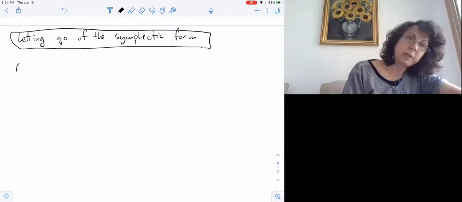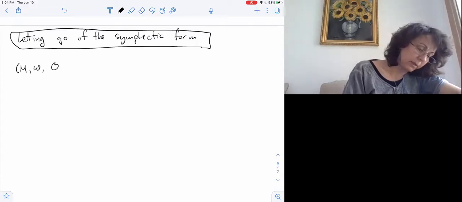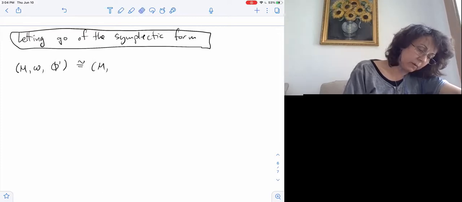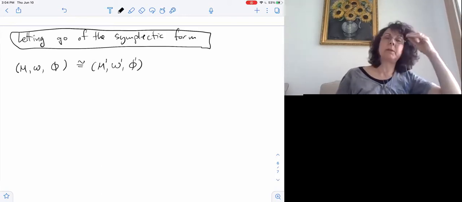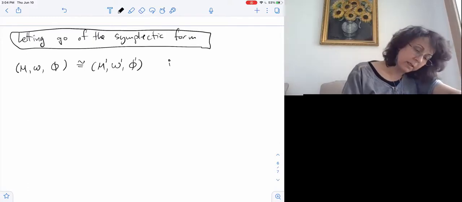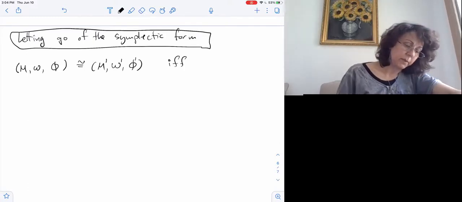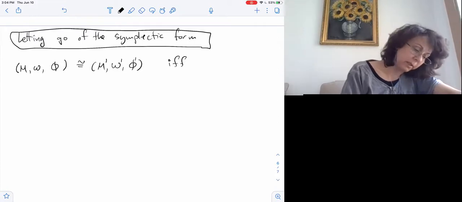So we are assuming complexity 1, and we have two complexity 1 Hamiltonian torus actions where the momentum map is proper and the manifold is connected. I'm going to have the primes on the second one and no primes on the first one. And the little claim is that these are isomorphic if and only if two things happen.